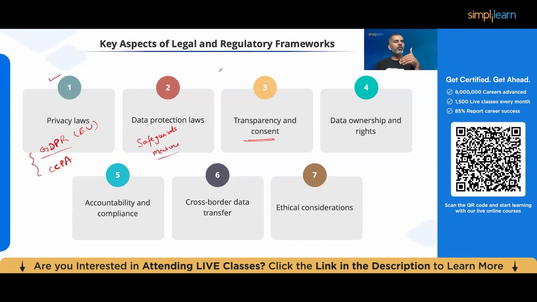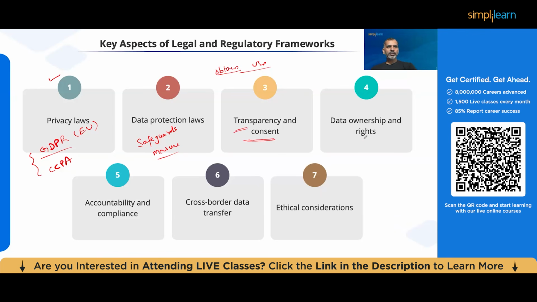So let's talk about obtaining and using the data. It should be very clearly defined that if I'm interacting with a customer or a client, these pieces of information are going to be collected in that interaction, and this will be the use of that information. This is where we talk about transparency and consent.